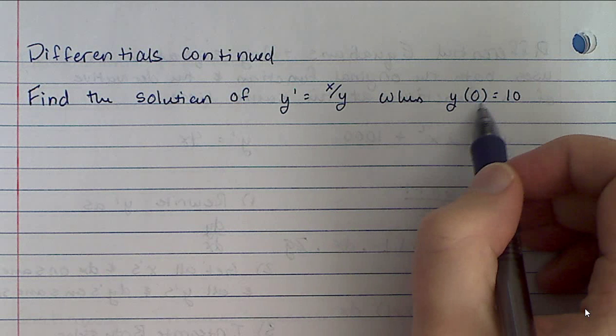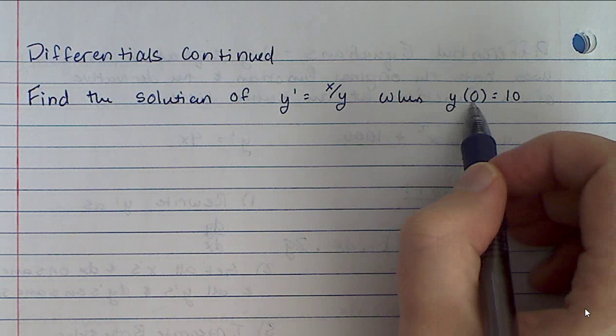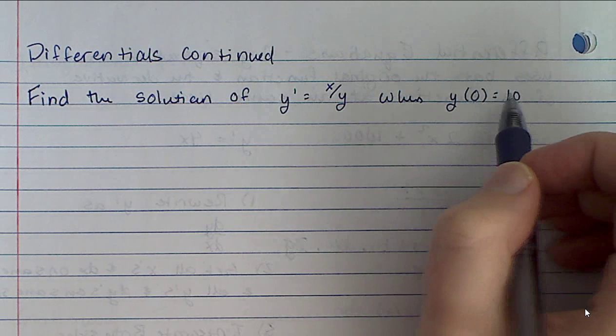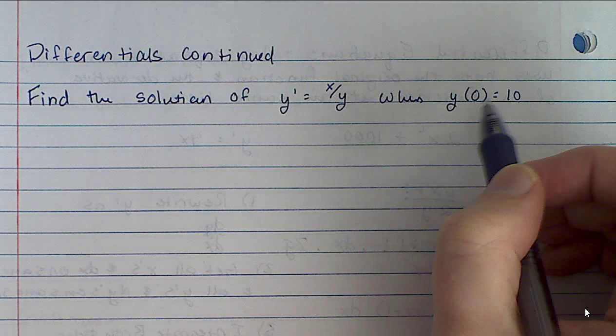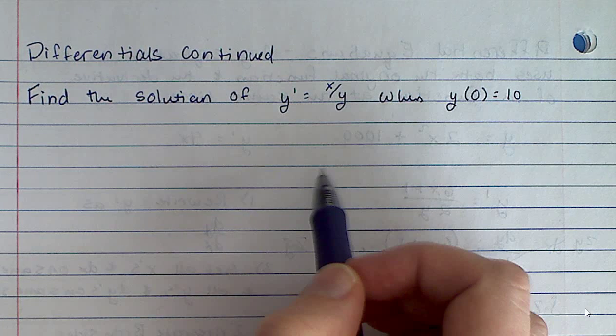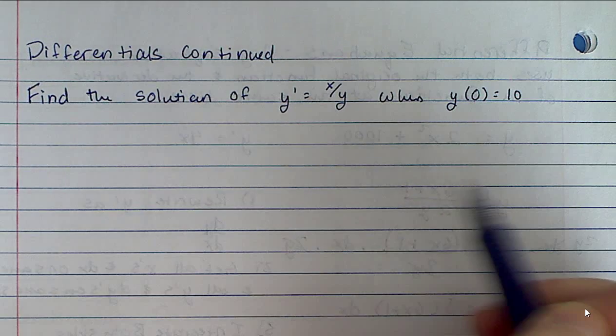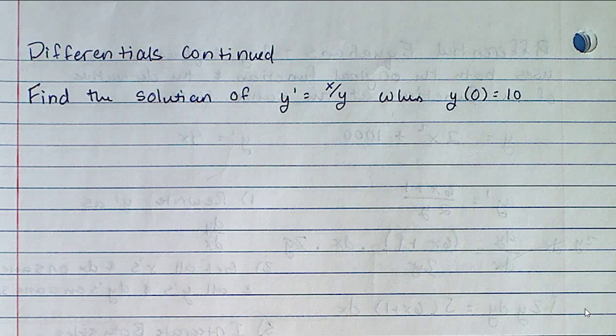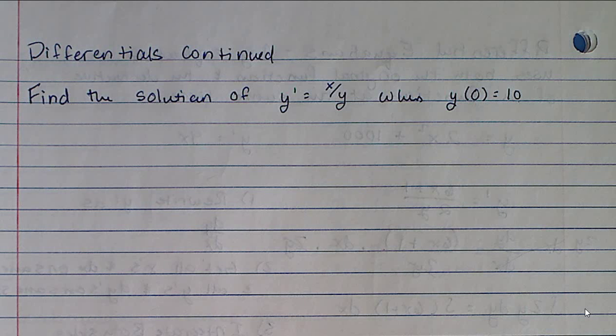Adding this here allows you to replace c with an actual value. So our answer won't just be something, something, something plus c. We'll be able to replace that plus c with a real number.